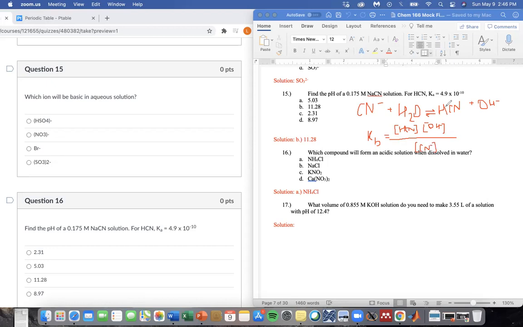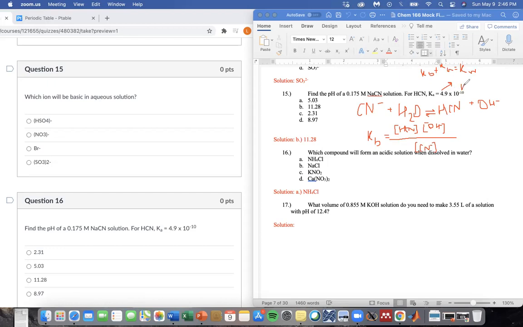The first thing to do here is, because we have a Kb, just solve for Kb. You remember Kb times Ka equals Kw. So to solve for our Kb, we do 1 times 10 to the negative 14th divided by this Ka value.